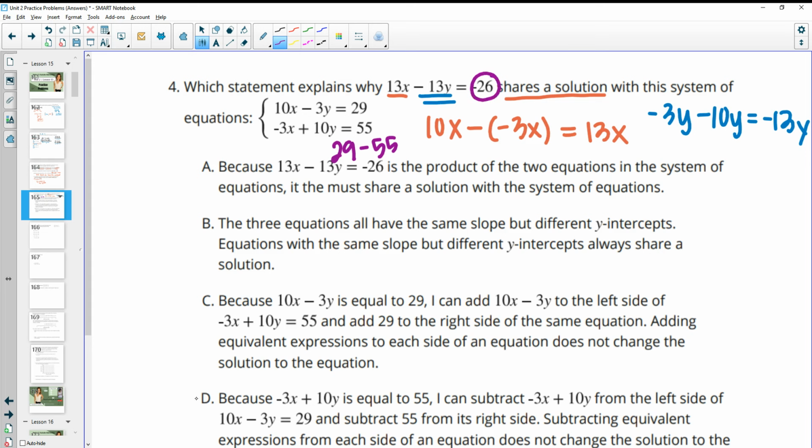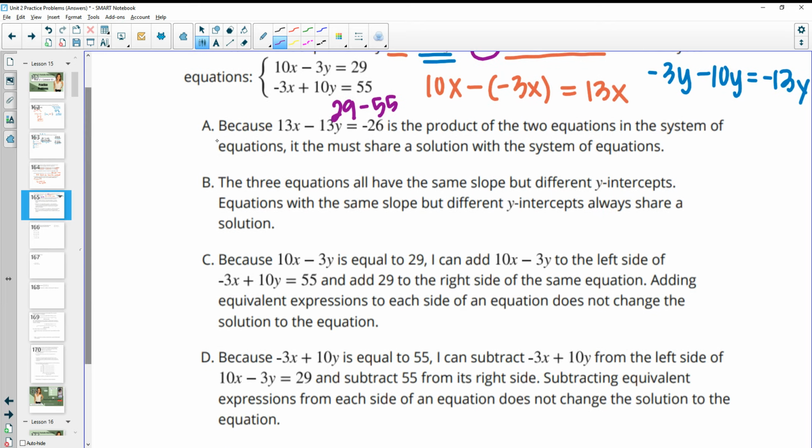So when we're looking at our multiple choice answers, we want to look for subtraction. Because it's the product, no, because product means multiplication. All three equations have the same slope but different y-intercepts. That's not anything we just talked about. Because 10x minus 3y is equal to 29, so I can add to the left and add to the right.